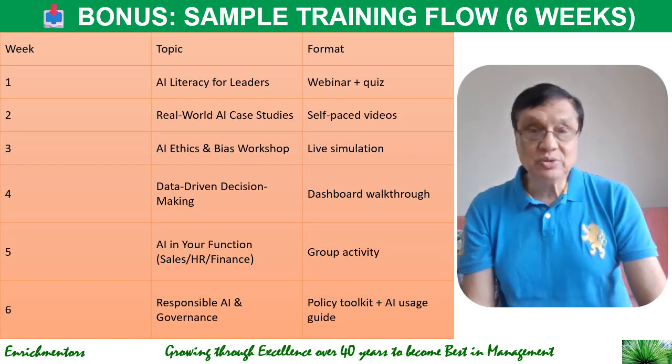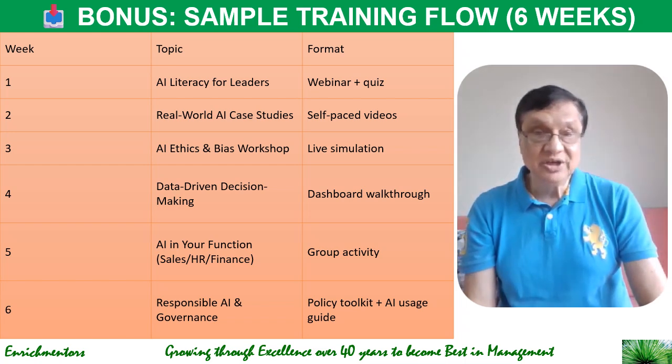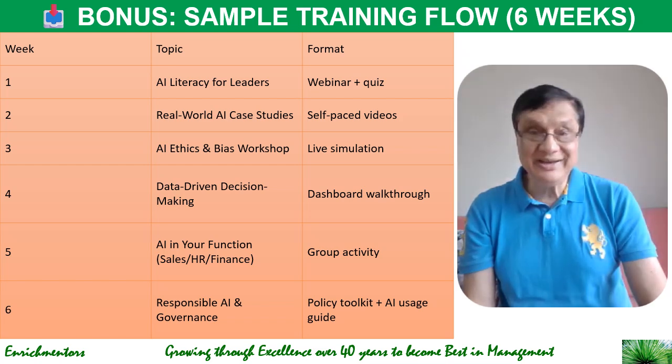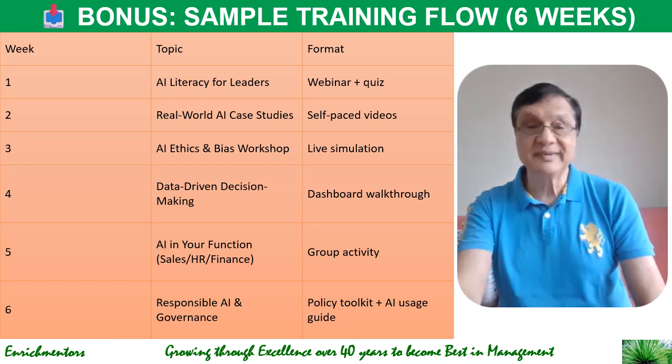In the fourth week, you could have them make data-driven decisions through dashboard walkthroughs. And in the fifth week, you could talk about AI in their function and ask them to do a group activity. And finally, you could talk about responsible AI and governance, where you could use the format of a policy toolkit plus AI usage guide.